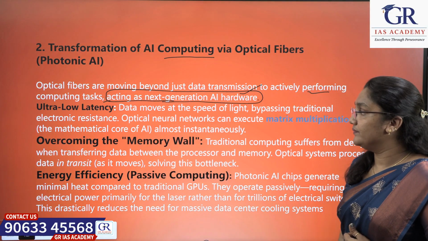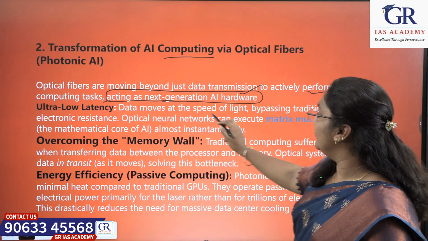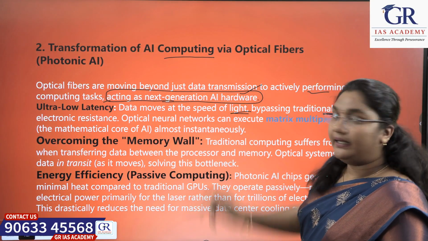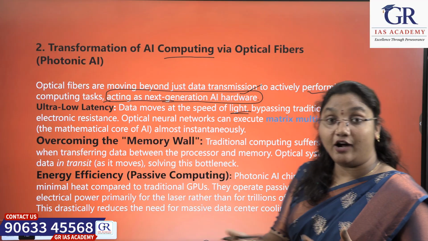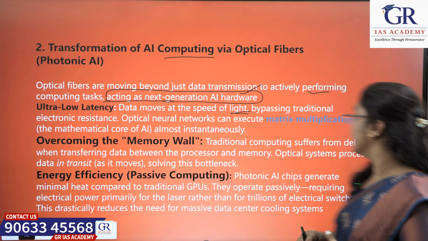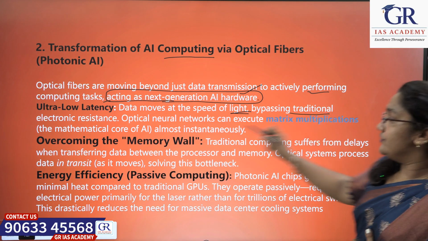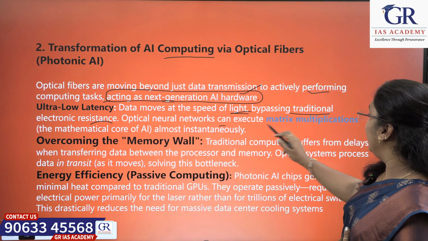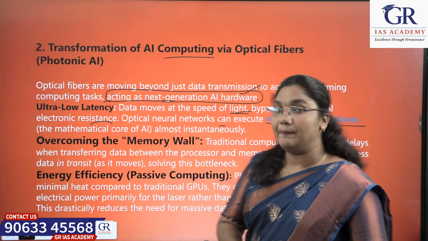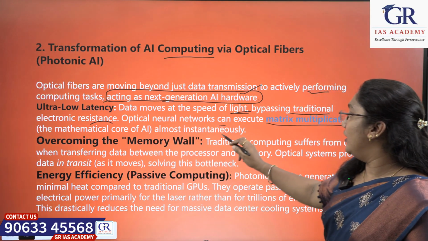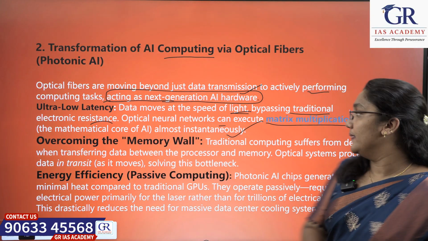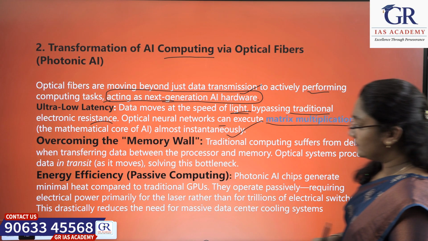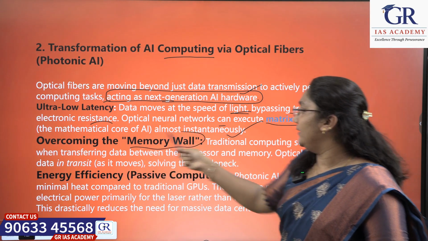Next, the data moves at the speed of light. See how fast the data is being transmitted, bypassing traditional electronic resistance. Optical neural networks can execute matrix multiplications almost instantaneously.